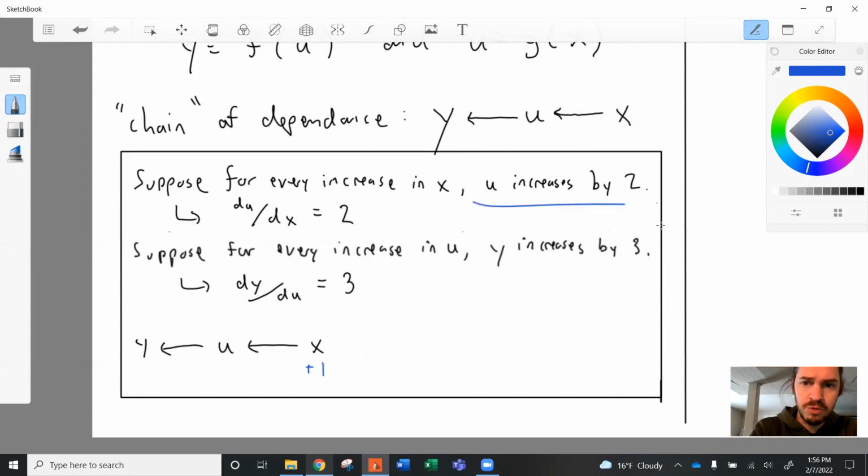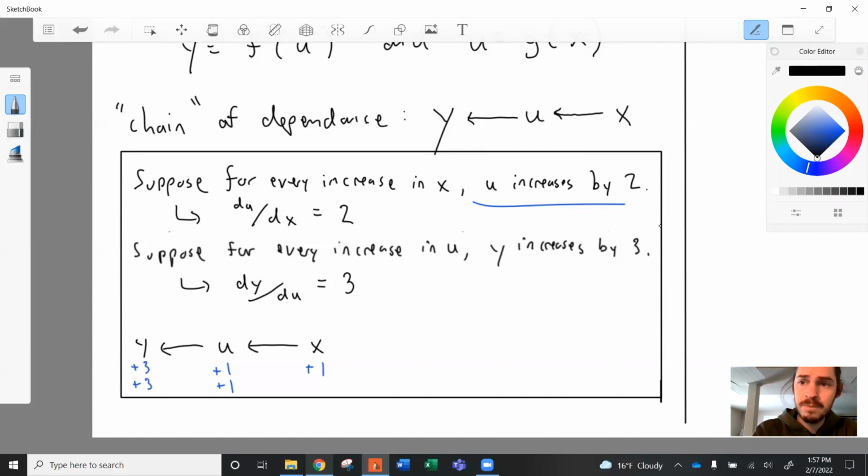That's what the first rule says, right? So this will be plus 2. And plus 2 can be written as plus 1 plus 1. So that's 2 increases in u, right? Plus 1 plus 1. For each of those increases in u, y will increase by 3. So this will be a plus 3, which overall is a plus 6, right?